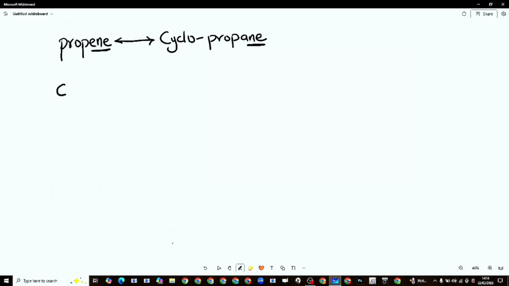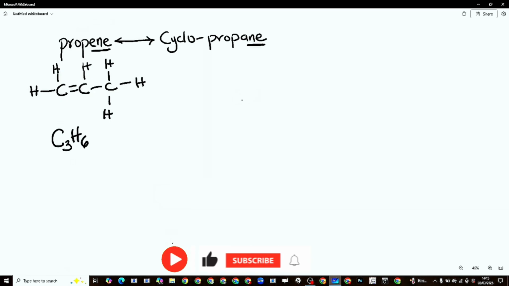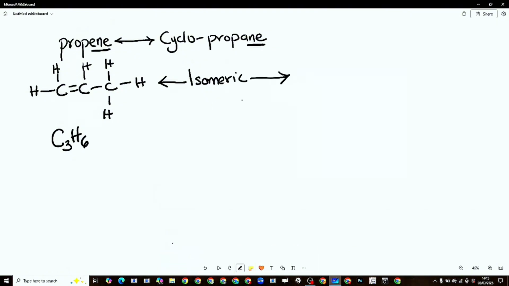So propene is C double bond C, this carbon has hydrogens, and we'll say the general formula is C3H6. We talked about all of this before. So it is isomeric to the cyclopropane.